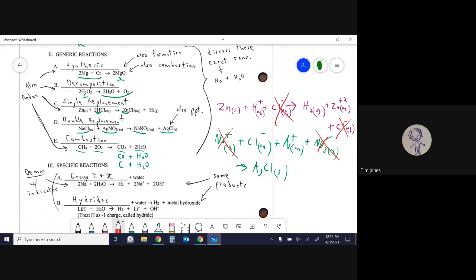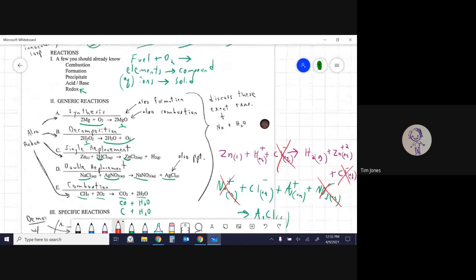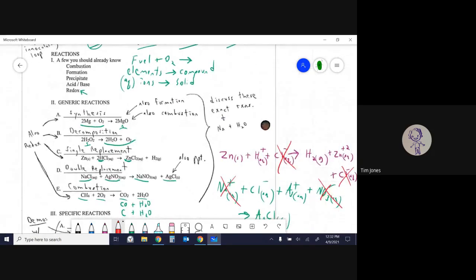Now let's classify these based on the types that I mentioned above, where I said combustion, formation, precipitate, acid, base, and redox. Realize that just because something fits one category doesn't mean it can't fit multiple categories. Like in the case of this first reaction, this is also a formation because it's elements becoming a compound.